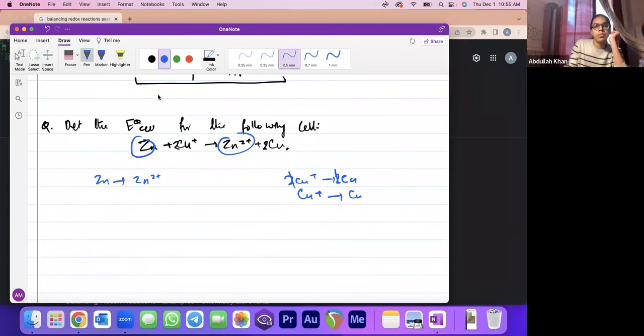And now you just have to look up a table for their standard reduction potentials. So first of all, which one's reduction, which one's oxidation? You tell me. Is zinc getting reduced or is copper getting reduced?